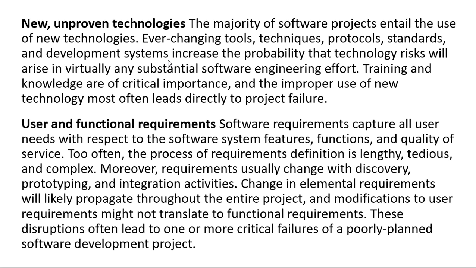The new technology risks will be the risks that the team decide to use new algorithms or new development frameworks, and there are a lot of potential risks in these new technologies.